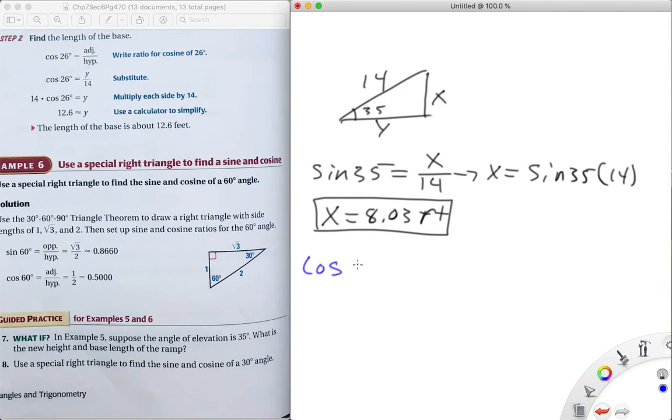Cosine of the ground, which gives me my base, is equal to adjacent over hypotenuse.